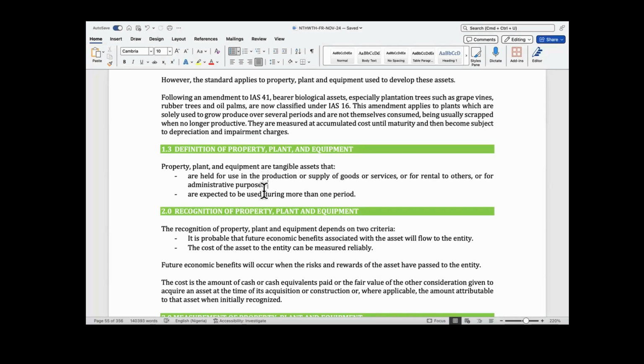So just think of any item that you are holding for use, not holding for sale, holding for use within your organization. So either you are holding it for production.